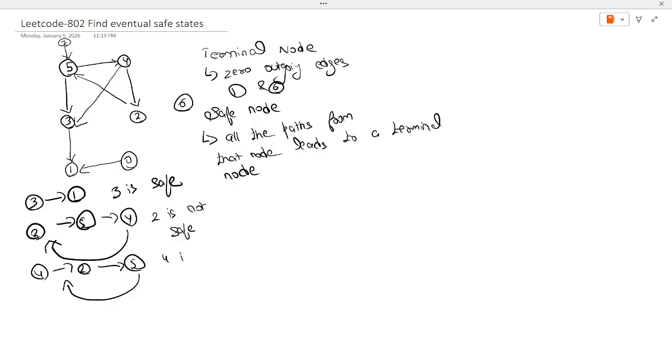So 4 is also not a safe node. If I consider 5, from 5 we can move to 4, from 4 to 2, and from 2 we again move back to 5. So all the paths which start from node 5 do not lead to a terminal node. So 5 is also not a safe node.